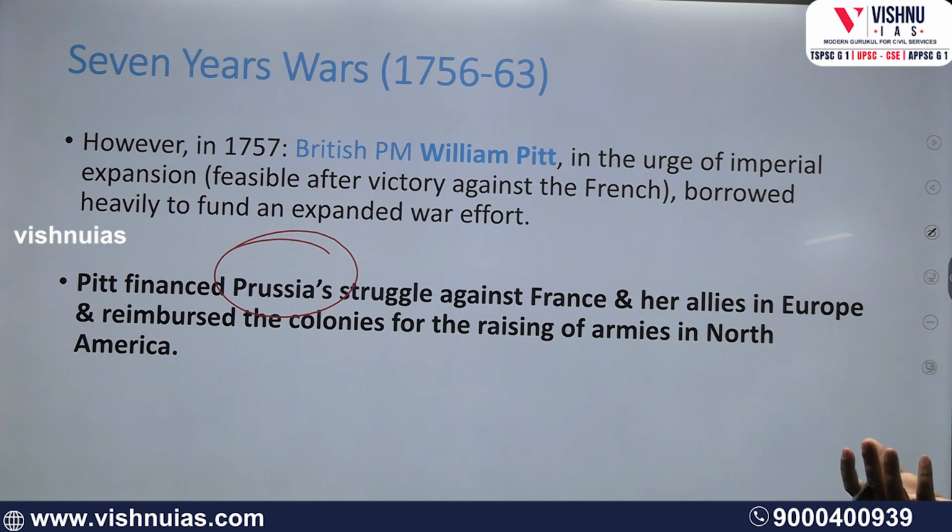What they started to claim was no taxation without representation. That is, give us membership of your parliaments, then only put any taxes. British on the other hand were very clear that we will put taxes on you to show that you are our territory. So this is the trigger.